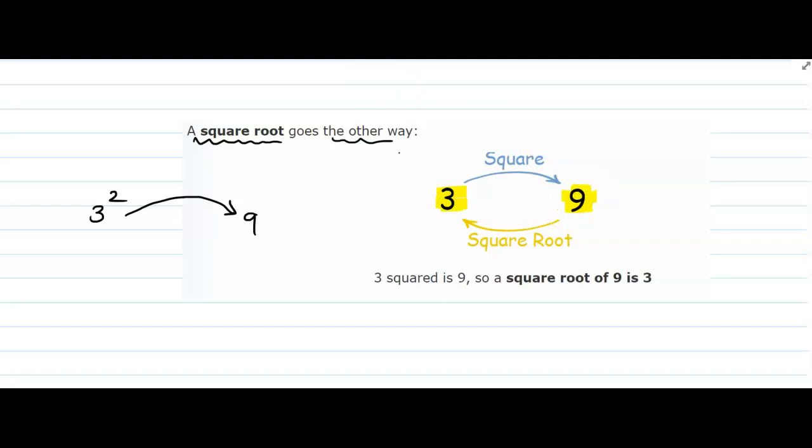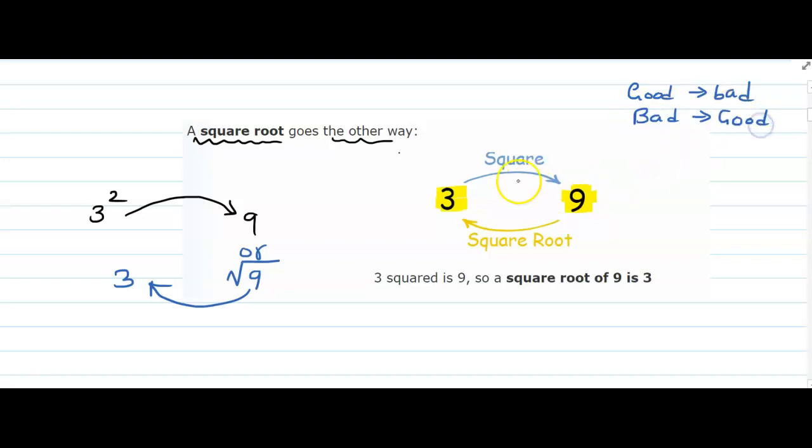And once you start moving backward, the square root of 9 is written like this, and the square root of 9 gives you 3. So it is just like the opposite. Opposite of good is bad, and opposite of bad is good. So if 3 squared is 9, then the square root of 9 will be 3.